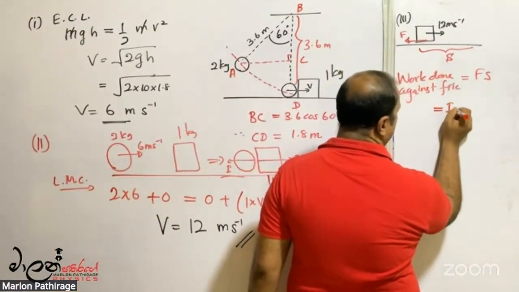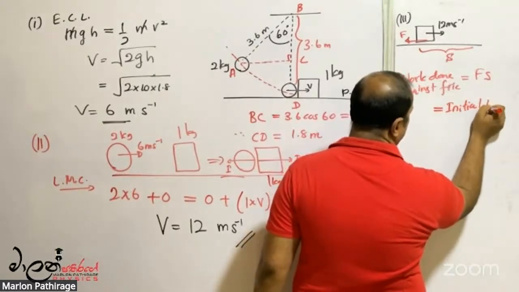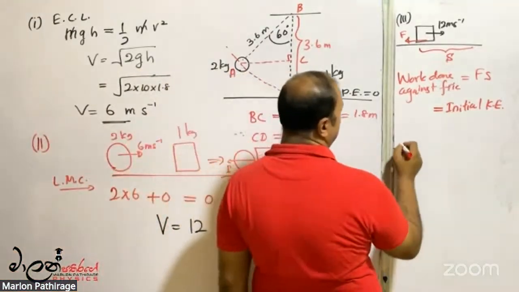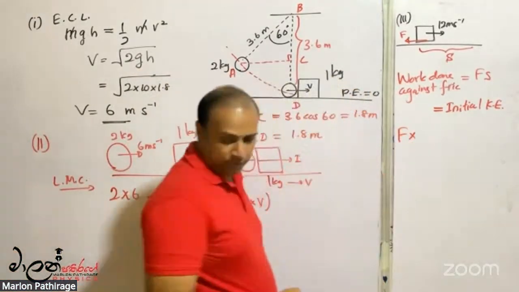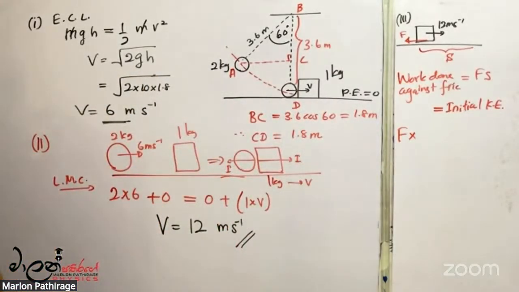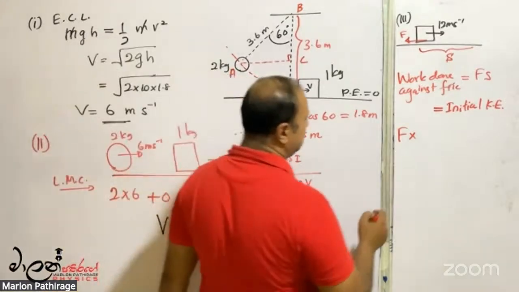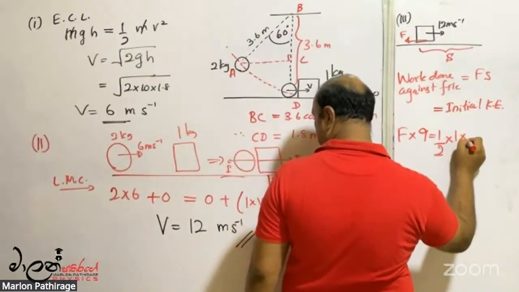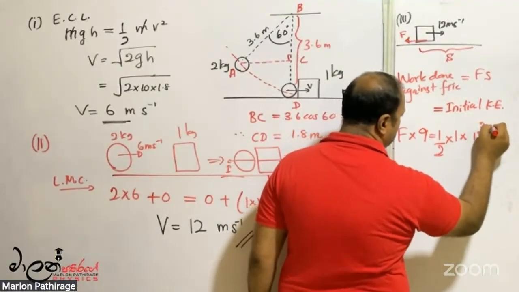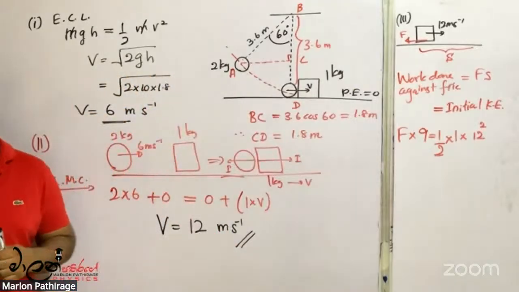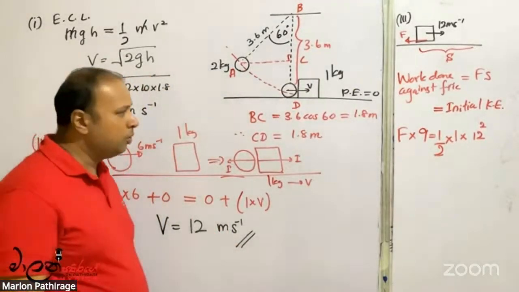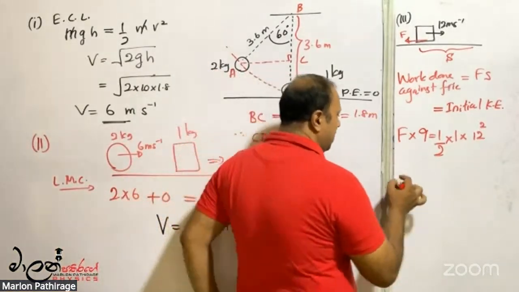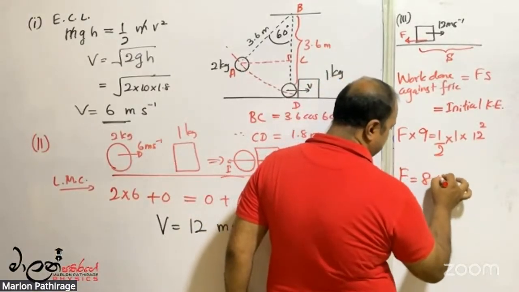So F into 9 meters is equal to half, m is 1, times 12 squared, which is 144. 144 over 2 is 72, and 72 over 9 is 8. Therefore, F is equal to 8 newtons.